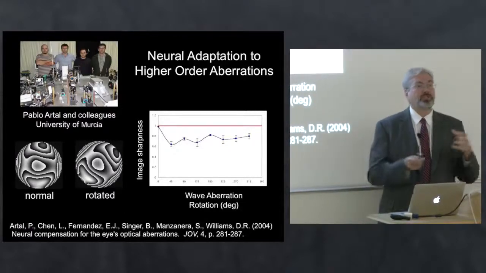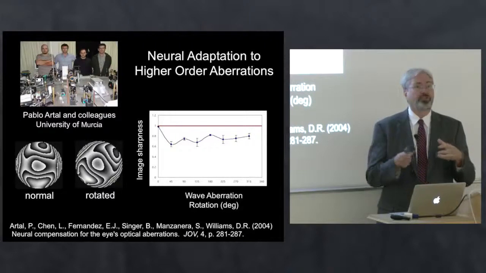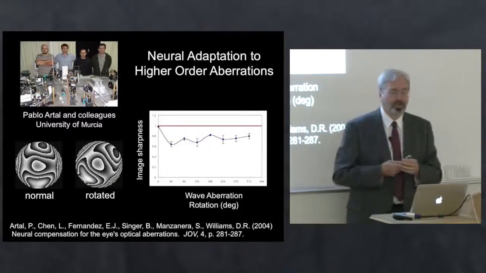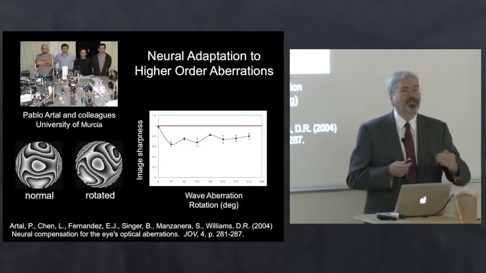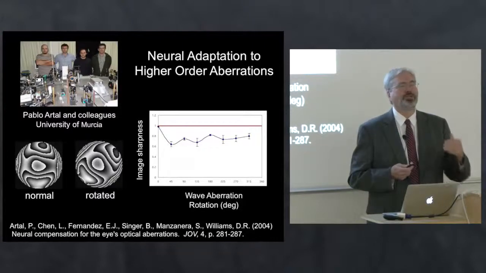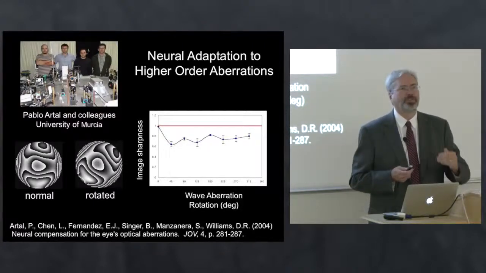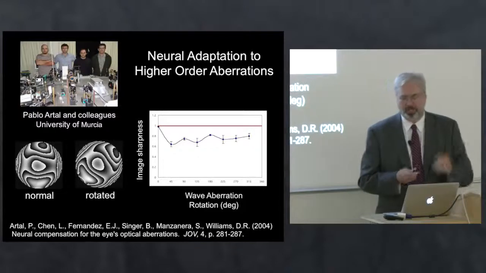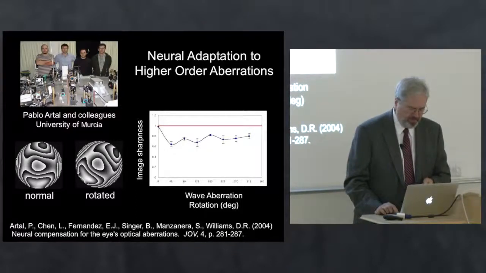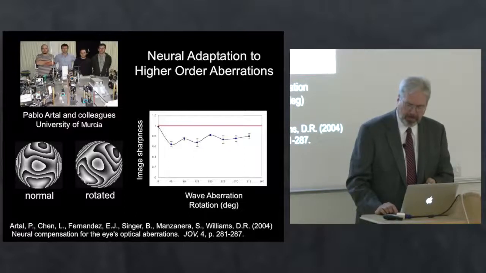But that grows as the nervous system learns to see through this new pattern optical image that's available to it. So even the correction of all the higher order aberrations doesn't initially produce the best image quality, because your nervous system has a lag. It has to take time to capitalize on plasticity and take advantage of that improvement.